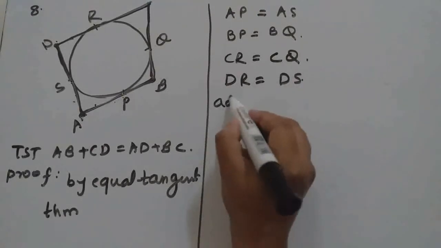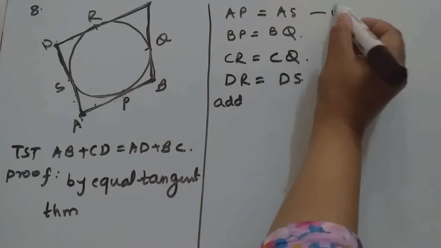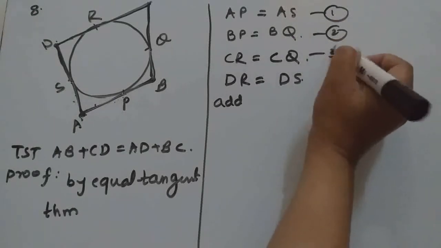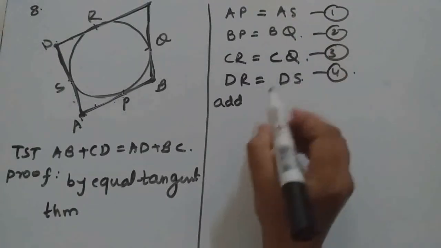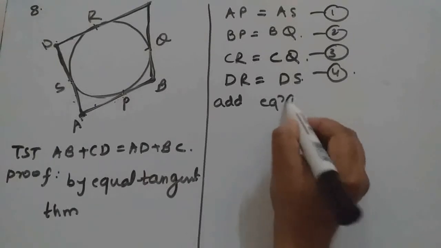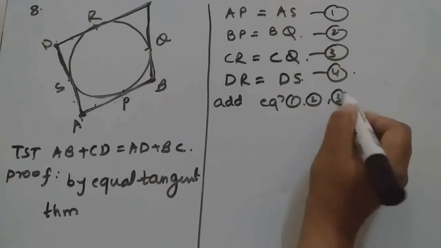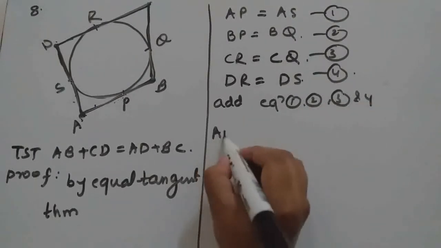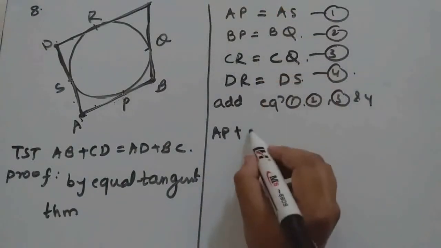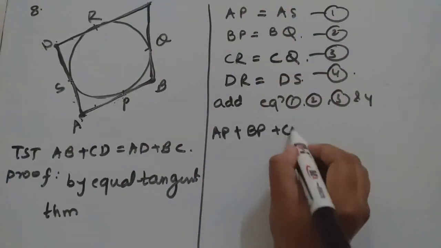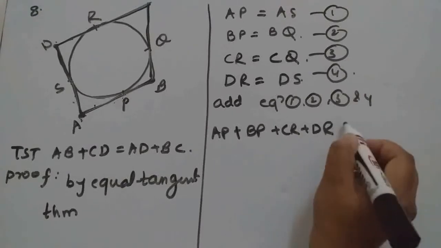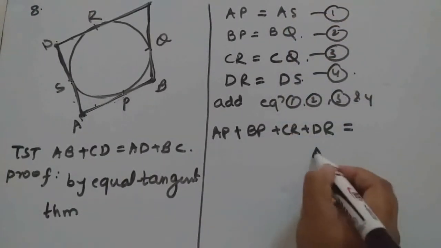Add all these 4 equations, 1, 2, 3, 4. See what we will get. On the left hand side, AP plus BP, CR plus DR, equals all the right hand side.